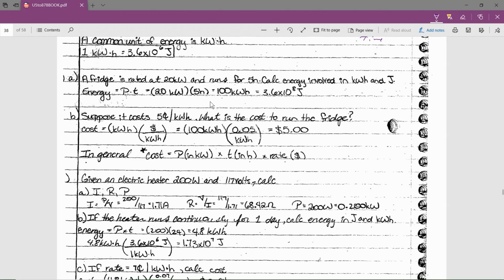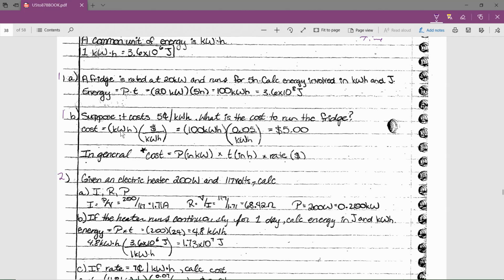Now suppose you're told in part B that it costs, this is question 1, part B now, this is question 2. Suppose it costs 5 cents per kilowatt hour. What's the cost to run the fridge? And I'm going to assume that the cost is a fixed number per kilowatt hour. You might not be surprised to know that kilowatt hour rates change depending on the time of day.